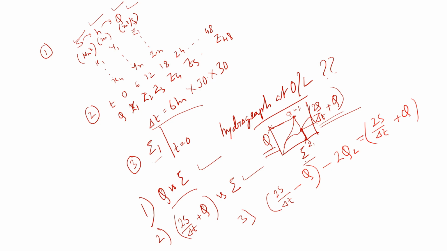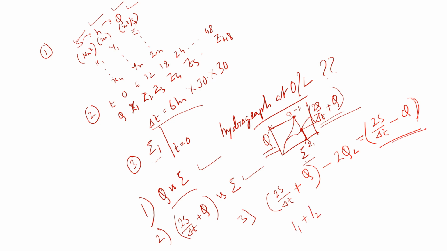Am I correct? I don't think so, because this 2S by del T plus Q will be plus and this is minus, will be equal to 2S by del T minus Q, correct? And then with this minus Q we will add I1 plus I2.